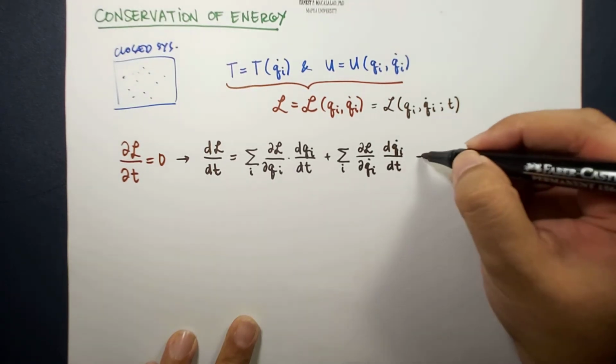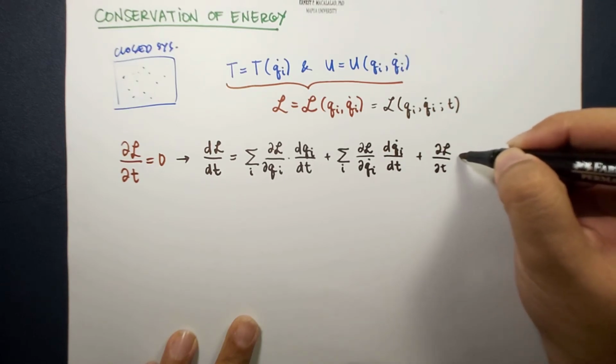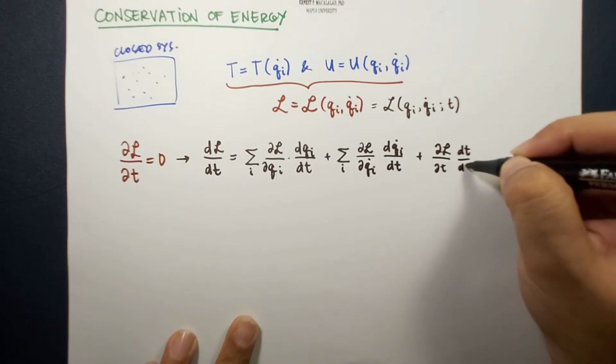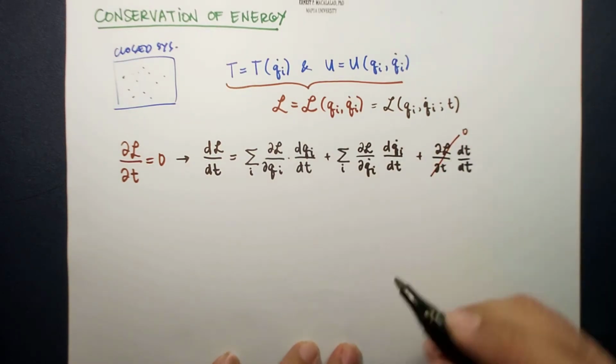Of course, we can also do this as follows. But as I mentioned earlier, because the Lagrangian is not an explicit function of time, this is 0.